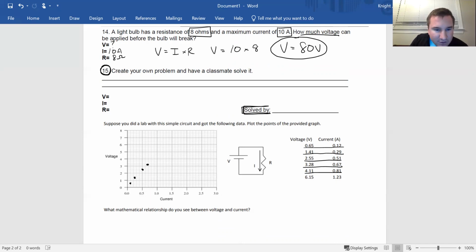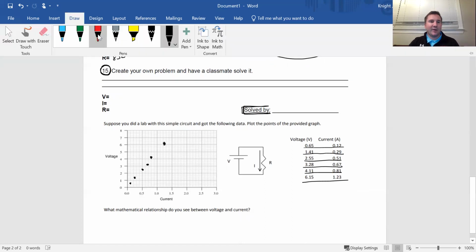Right around there. And last but not least, 6.15. So that's up here. And 1.23. That's 1.1, 1.2, a little bit more, like right around there. So there's our points, somewhere around there, somewhere close.